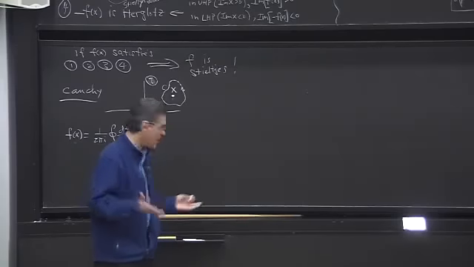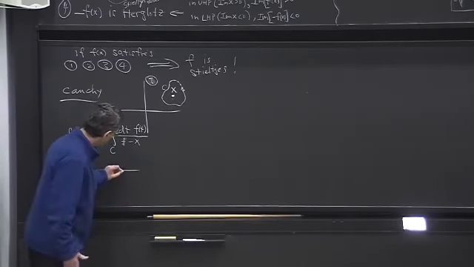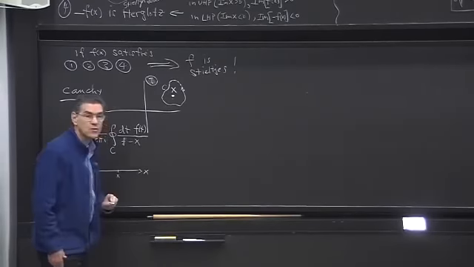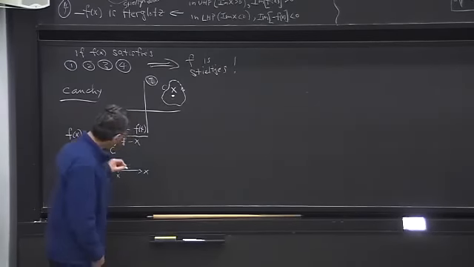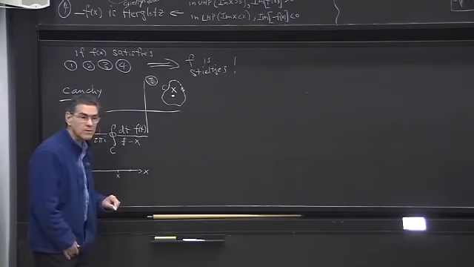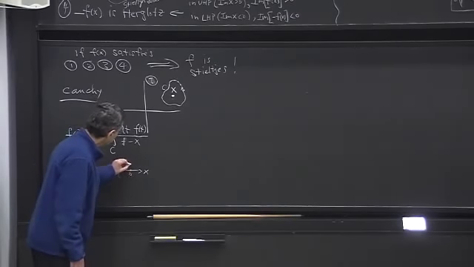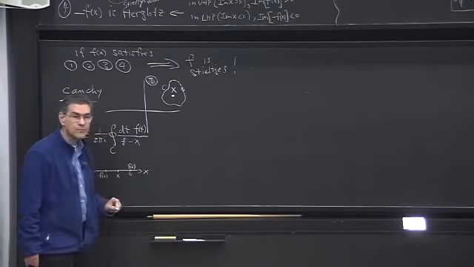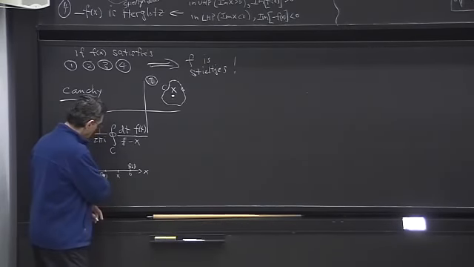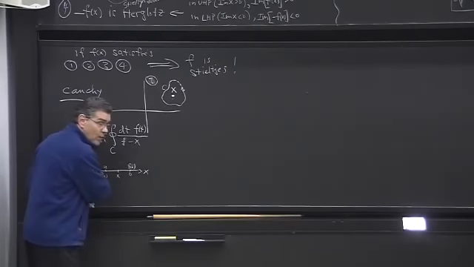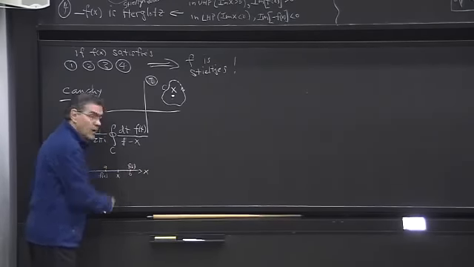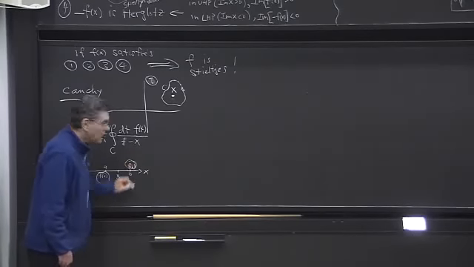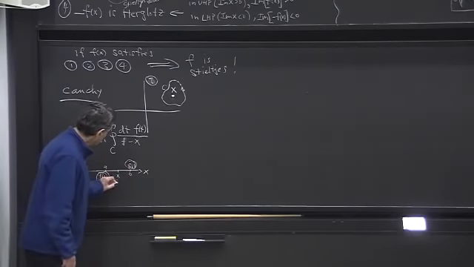Because if you have a function f of x on the real line, and here's some point x, this is saying that if you knew f on one side of the point, let's call this point b, so you knew f of b, and here you knew f of a, could you use the knowledge of f at a and f at b to determine f at the point x?